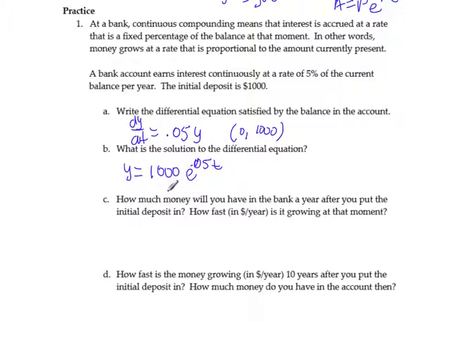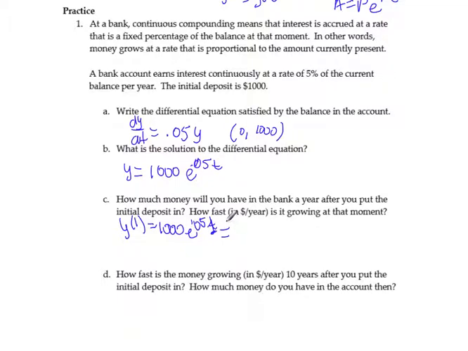And now this becomes kind of like the stuff that you did in pre-calc. How much money will you have in the bank a year after you put in the initial deposit? Okay, so how much money? That means you're looking for y, right? So y after 1 year is going to be 1,000 e to the 0.05t, or sorry, t is going to be 1.